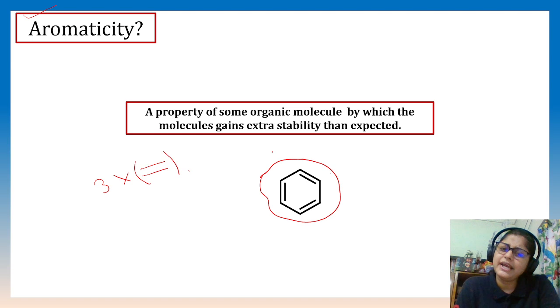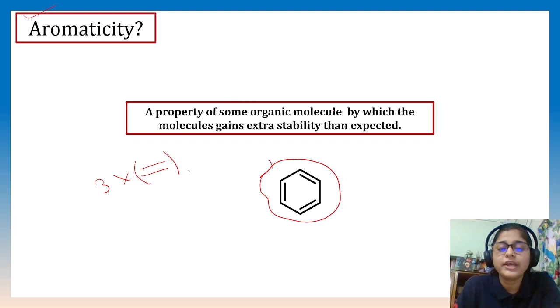But now the question is, is only benzene aromatic? Only if we see this kind of six-membered cyclic system, with three pi bonds, like benzene, is it aromatic, or is it a property of some other organic molecules too?